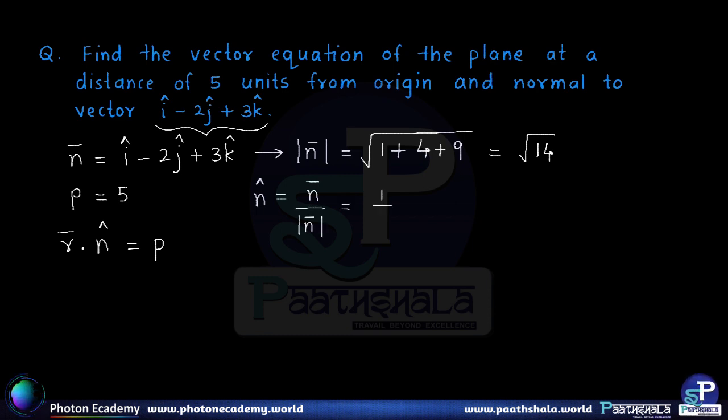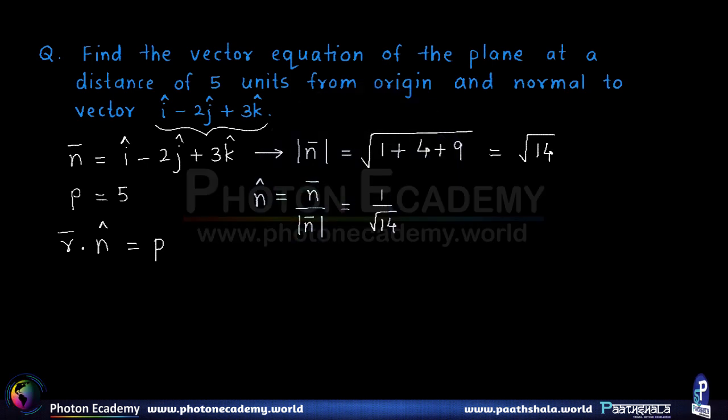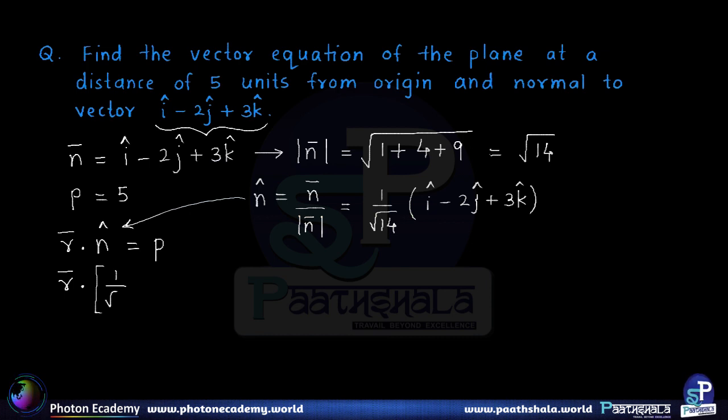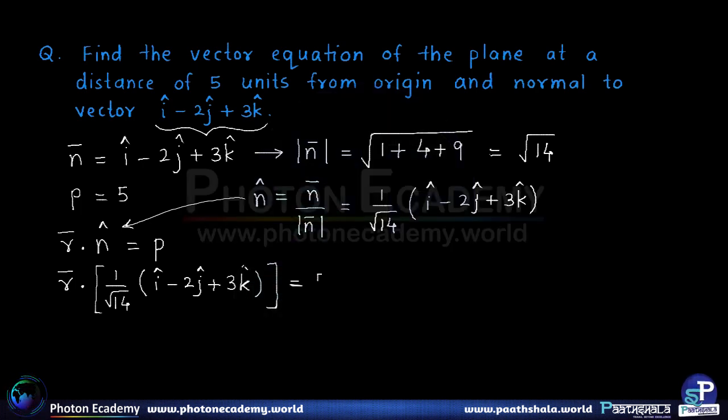So that is 1 upon root 14 times i minus 2j plus 3k. And now since we have got n cap, we will substitute in the required equation. So that becomes r bar dot 1 upon root 14 times i cap minus 2j cap plus 3k cap, whole equal to p, which is 5.